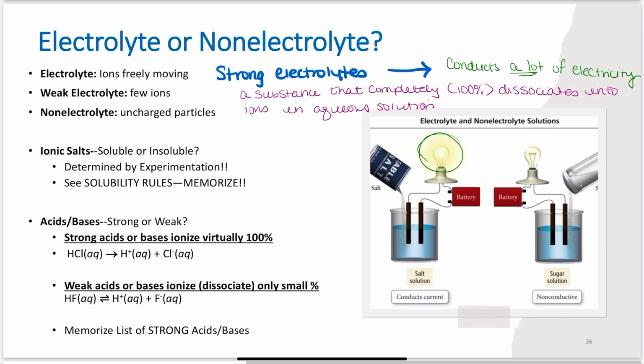So let me write weak electrolyte over here. A weak electrolyte, first of all, we don't write a one-headed arrow, the arrow like normal. We write what we call an equilibrium arrow. We see here that this is not the same thing. Do not write these arrows with a double head. This is a resonance arrow. We write arrows like this. They're called equilibrium arrows. And we use these arrows because a weak electrolyte is a substance that only partially ionizes in aqueous solution.